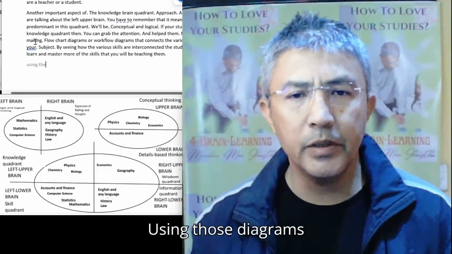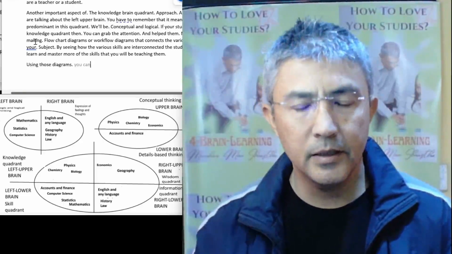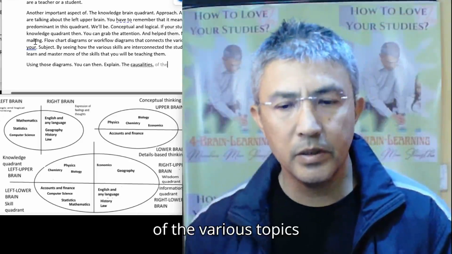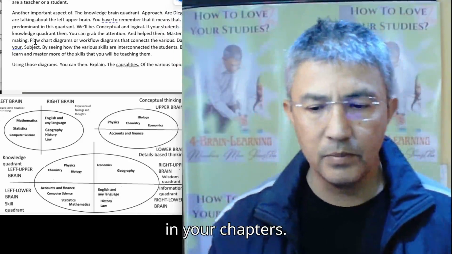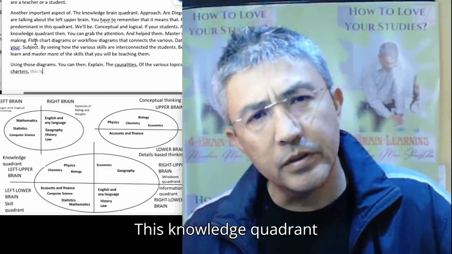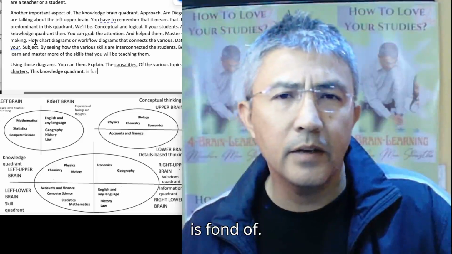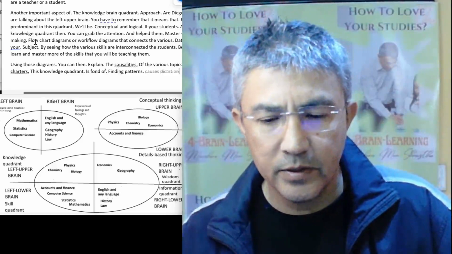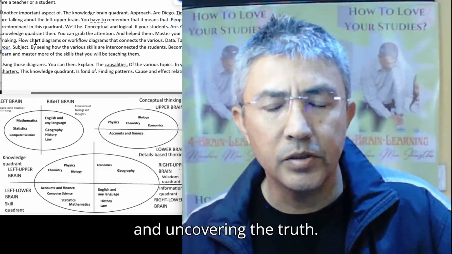Using those diagrams, you can then explain the causalities of the various topics in your chapters. This knowledge quadrant is fond of finding patterns, cause effect relationships, and uncovering the truth.